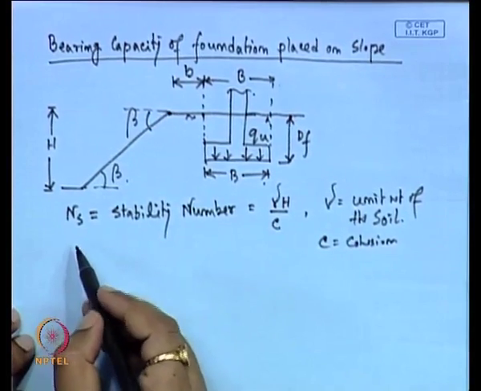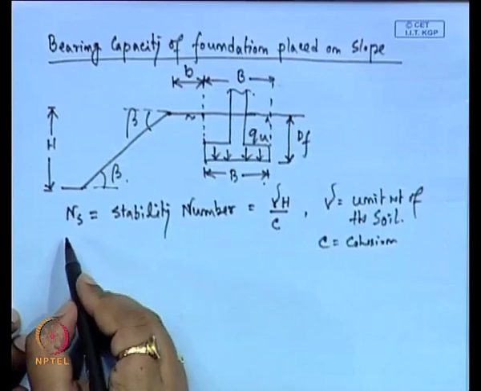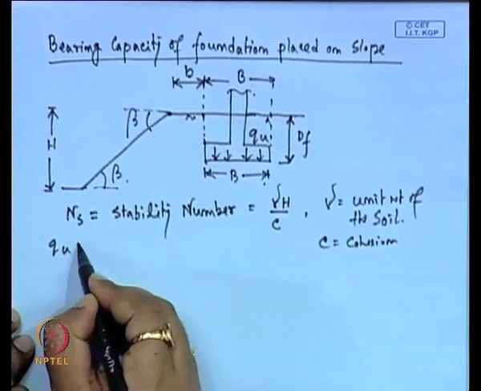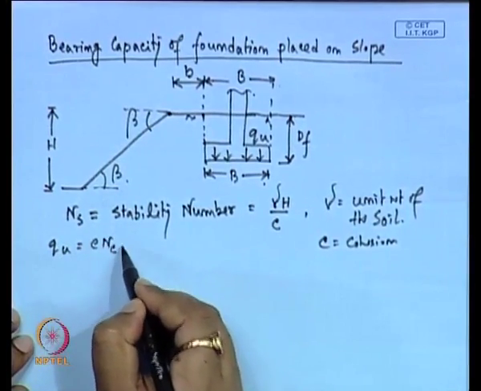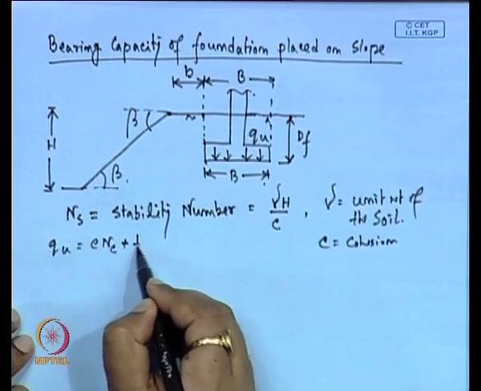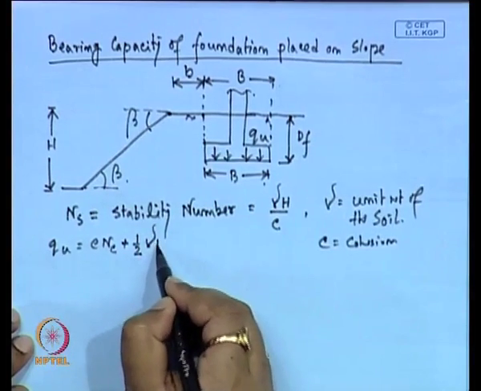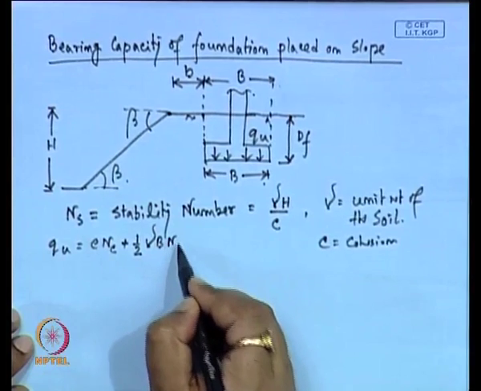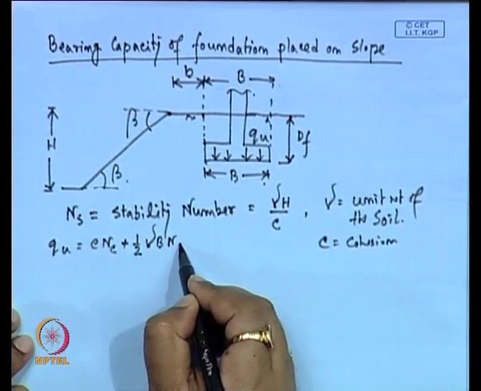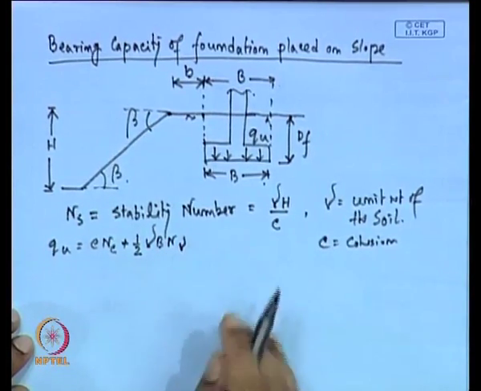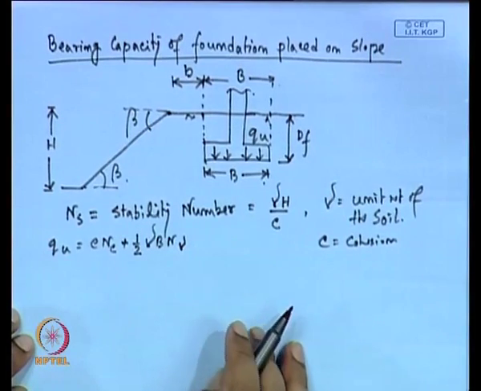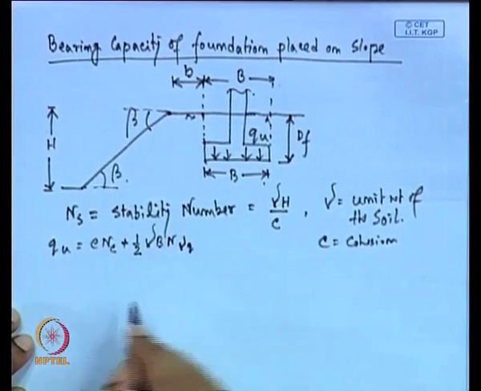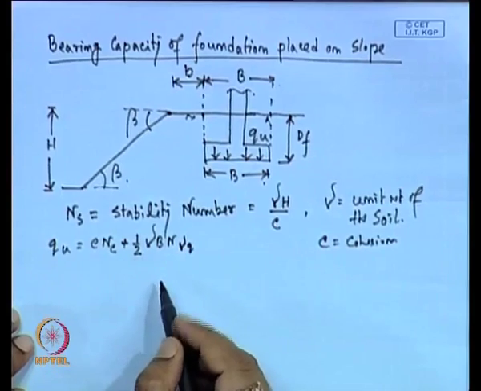Now, we know that Qu is c Nc plus half gamma B N gamma, or N gamma q, for the surface footing.